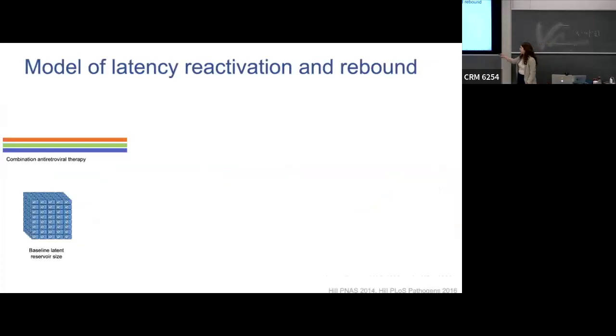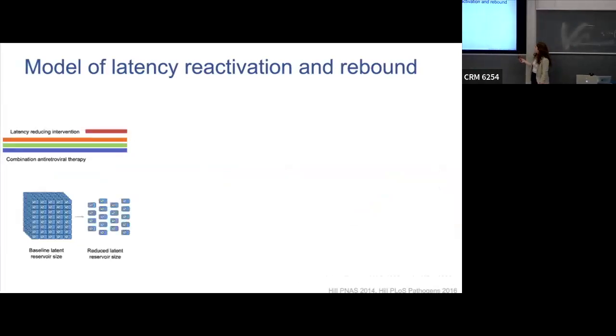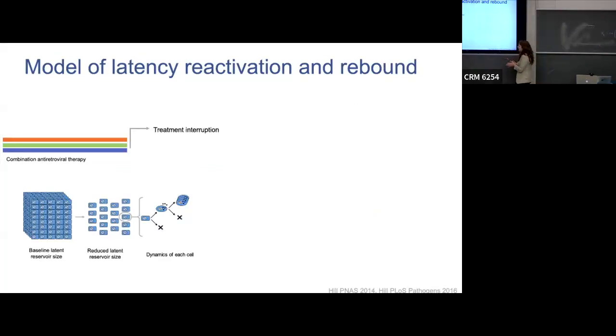So the idea here is you have this pool of these latent cells, someone's on combination therapy, or some other type of intervention dramatically reduces this cell population by some amount. And then we stop therapy, and what happens? So if we think about every single cell that's in this latent reservoir population and a few different things that can happen to that individual cell, it might just die.